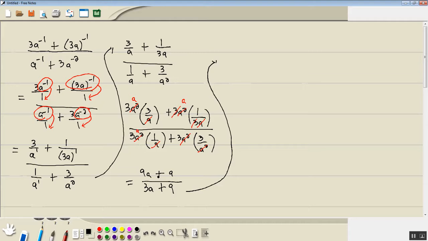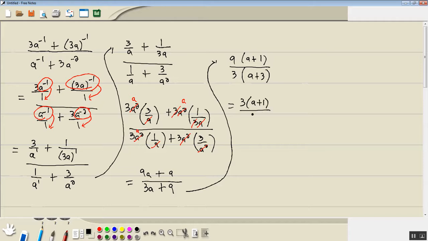Well, I noticed the top I can factor a 9 out. And that gives me a plus 1. On the bottom I can factor a 3 out. And that gives us a plus 3. Now once I factor out the GCF, notice that the 9 and the 3 will simplify. 9 divided by 3 is 3, so it leaves us 3 on top.